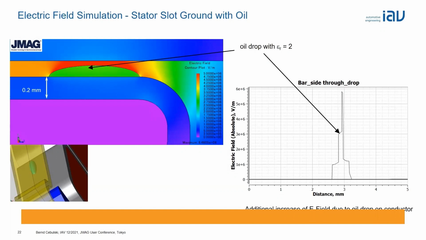The insulation system is something between 4 and 5. The oil drop, as you see here, has a permittivity of 2, and then there is air with a permittivity of 1, and all that leads to an increase of the local electrical field strength, which can reach very high values and lead to partial discharge.